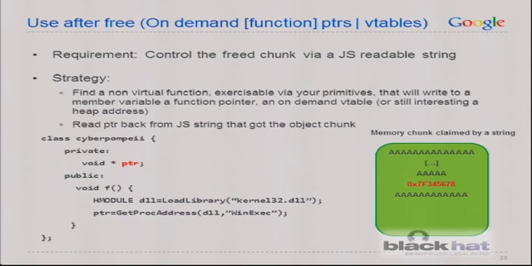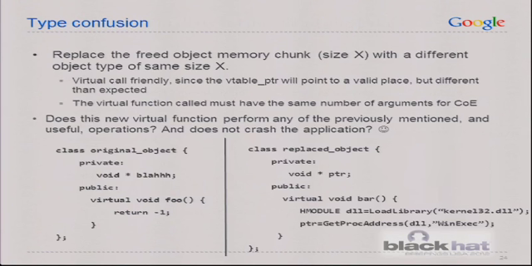Again, these are super simplified things, but these are things that are happening in the exploitation field. Type confusion, this is the latest hotness. Basically, the idea is that you couldn't find any non-virtual method. All the functionality that is happening is through virtual methods.